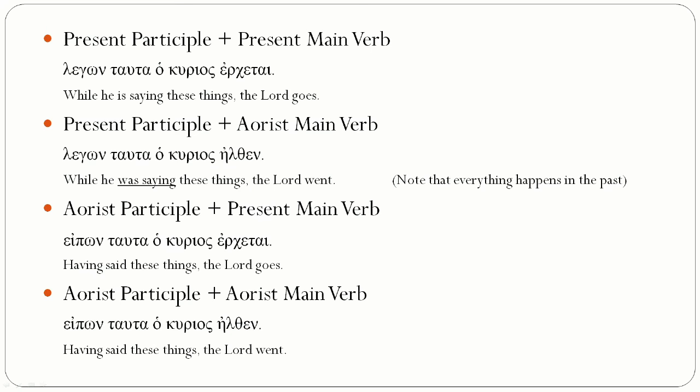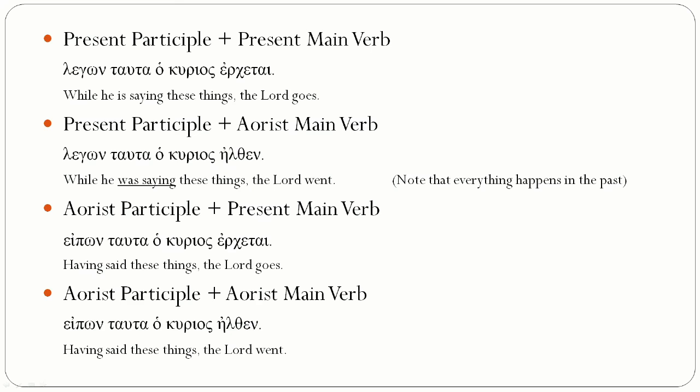And what you have here, having said these things, the saying happens first, then the Lord goes. Present tense. All right, so that one, the whole sentence is happening in the present. Before this happened, the Lord spoke. Okay. So having said these things, the Lord goes.